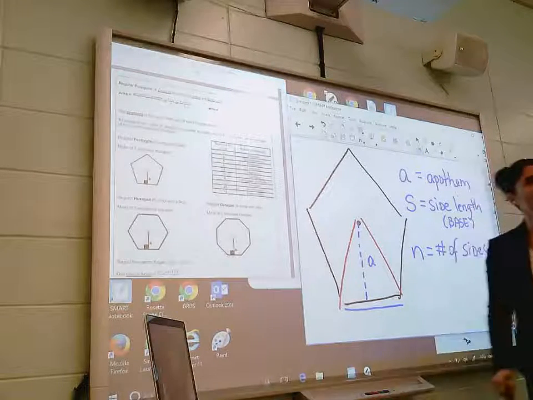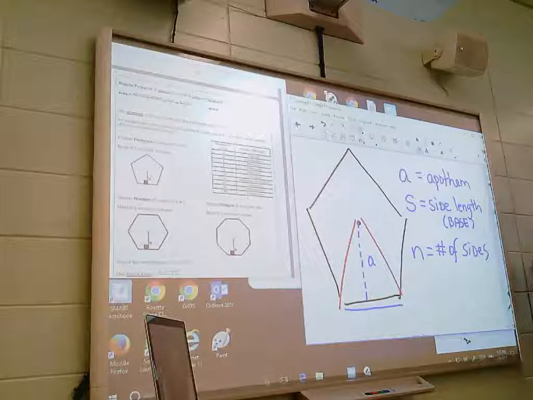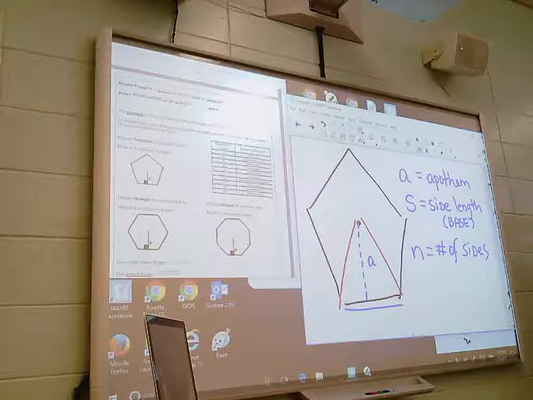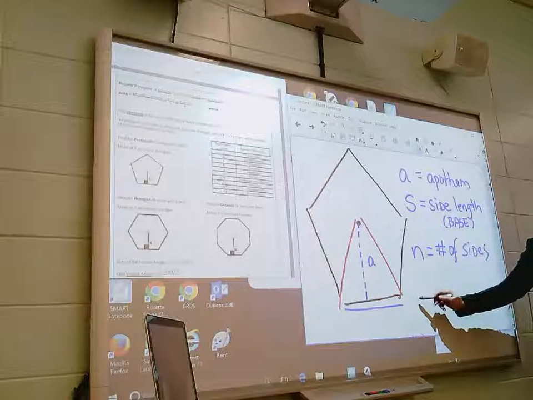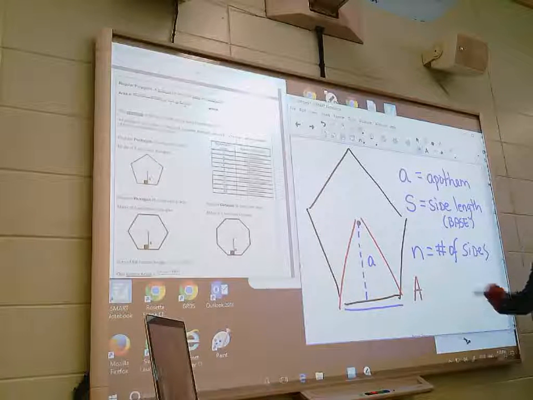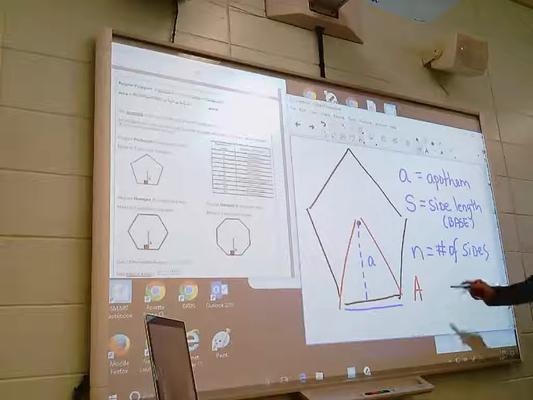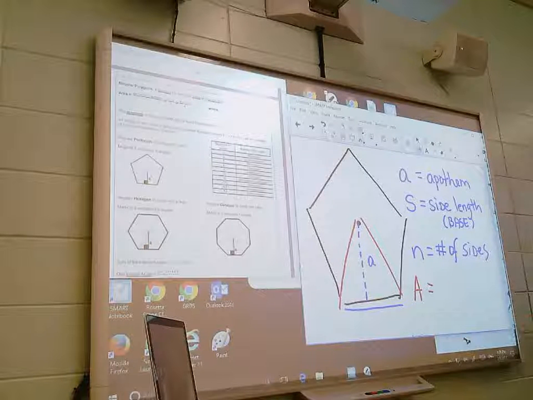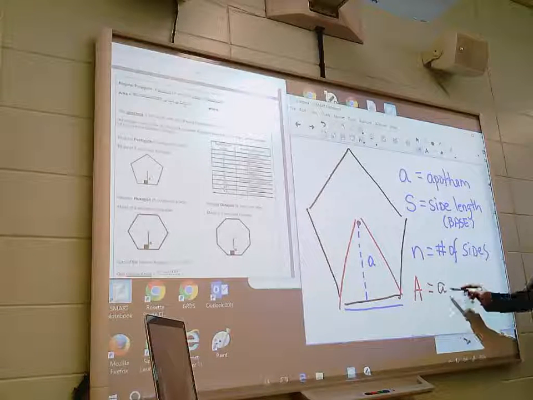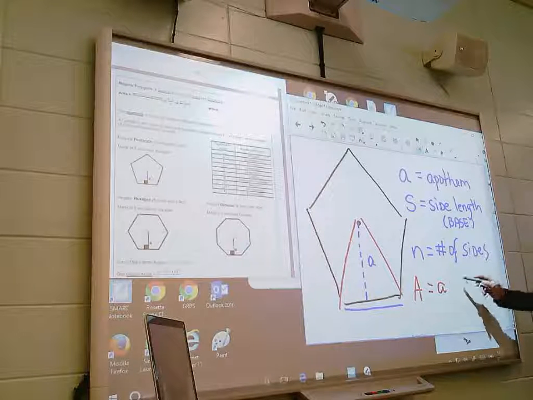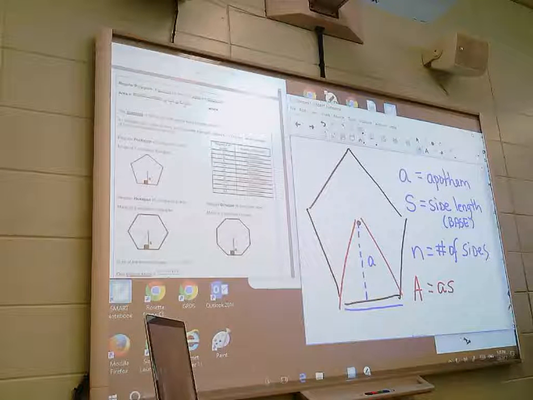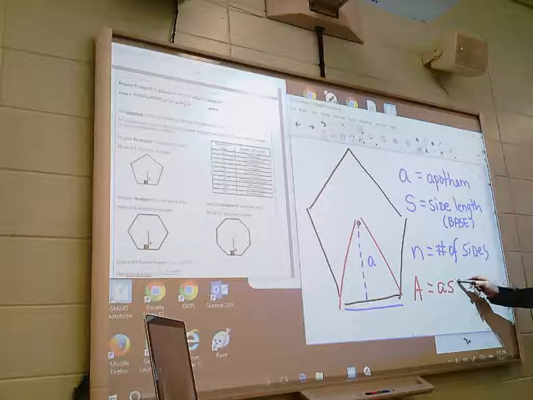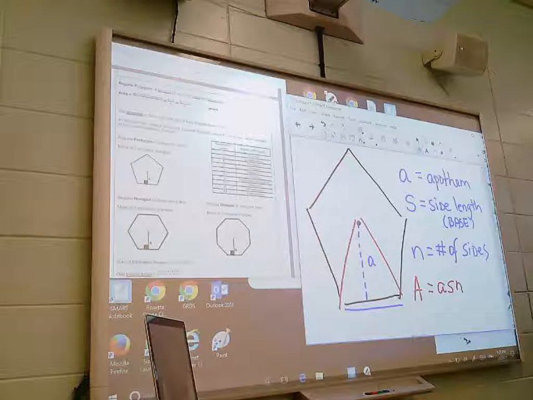You have to square it, highlight it, put a big circle around it in your test. The formula is area equals A for apothem times S for side length, the base, times N for the number of sides or triangles.